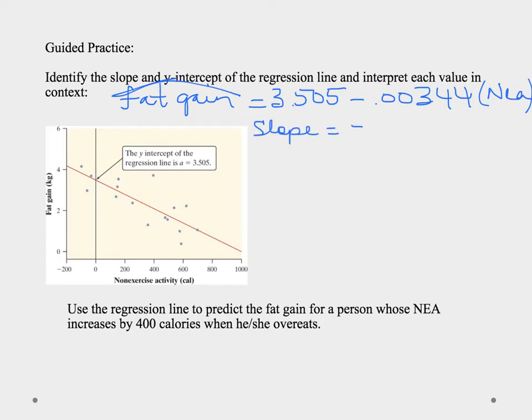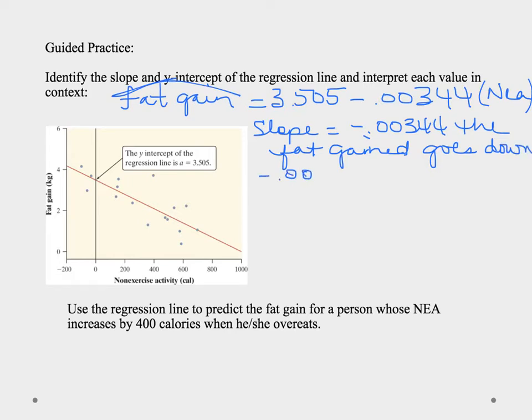So what is the slope? Well, it is negative 0.00344, which means the fat gained goes down 0.00344 kilograms for every or each 1 calorie of NEA that's burned, or NEA that's used.